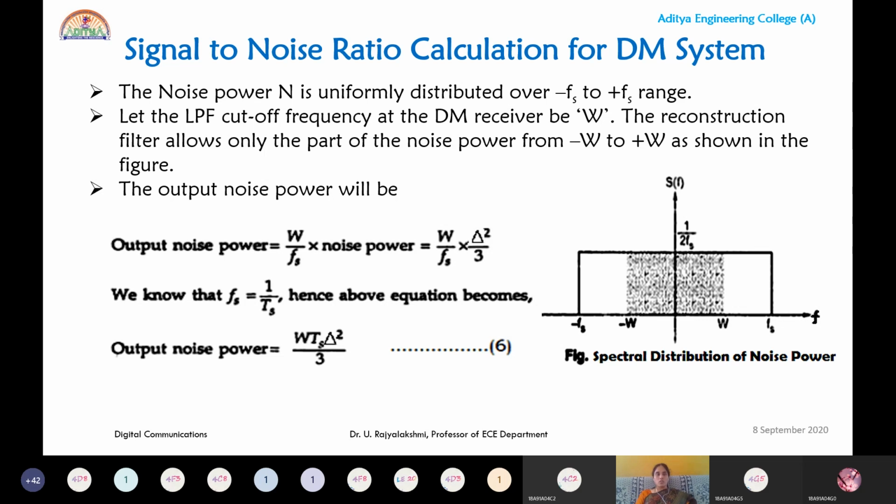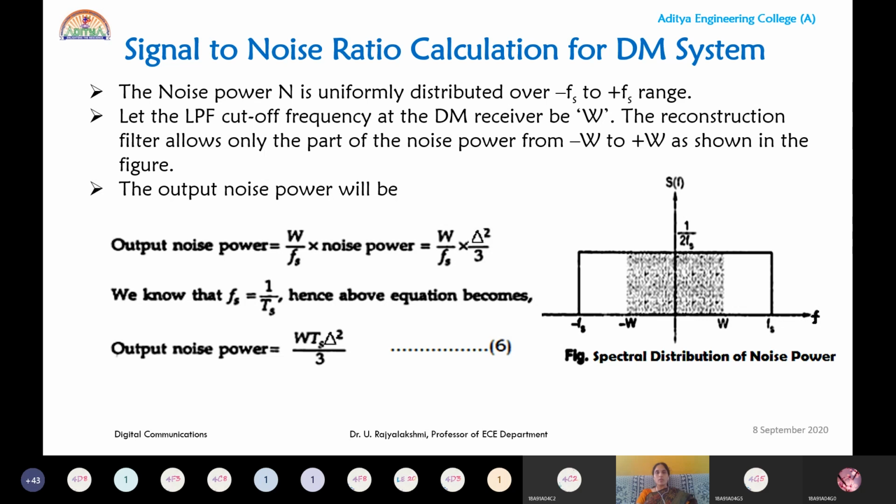Now how did we get this change? If the low pass filter cutoff frequency at the receiver section is W, then the noise power will change to W by Fs into delta square by 3.